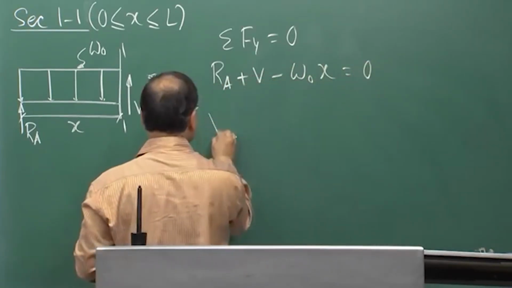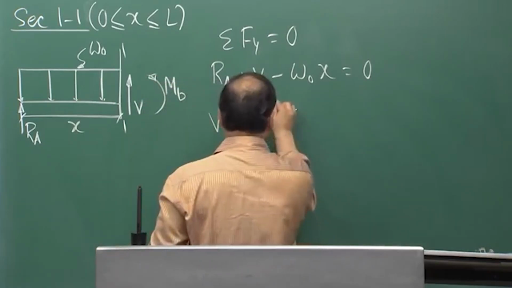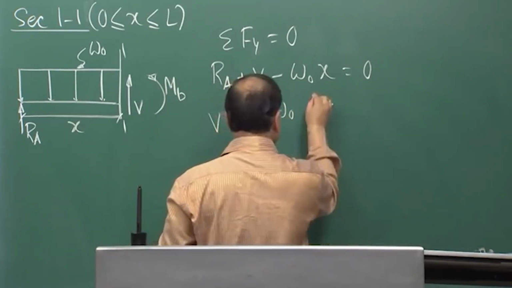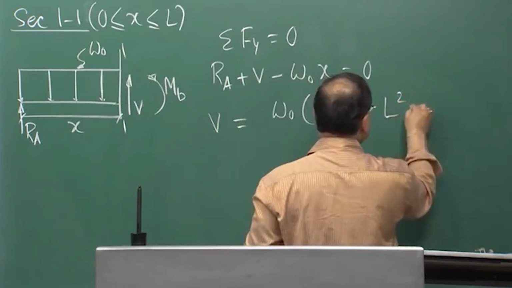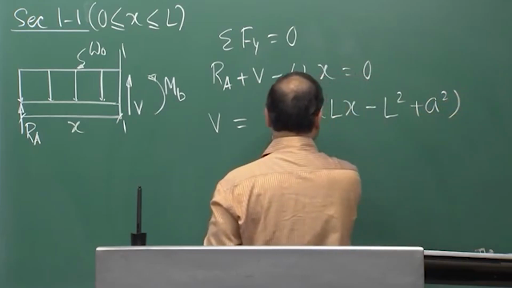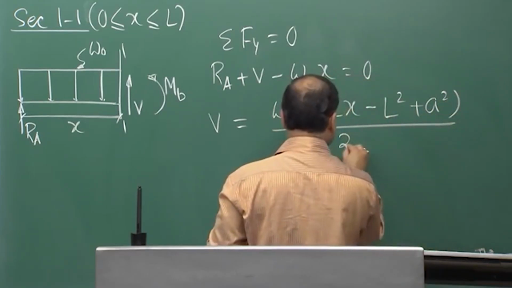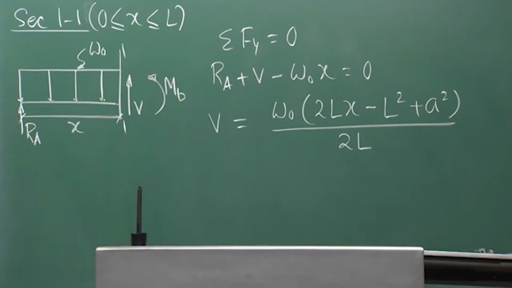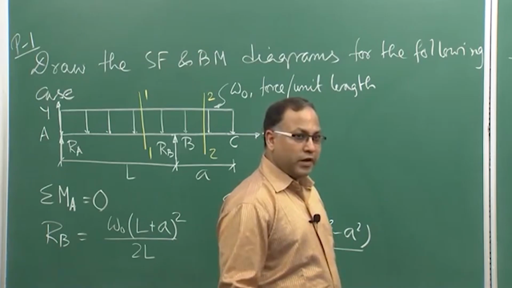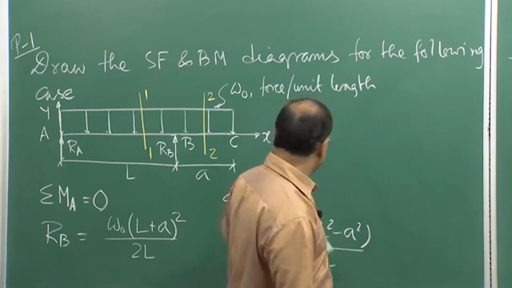From there I get V equal to W naught (2Lx minus L square plus A square) by twice L. This is the expression for the shear force between 0 and L, for section 1. So section 1 is valid between 0 and L in the problem.